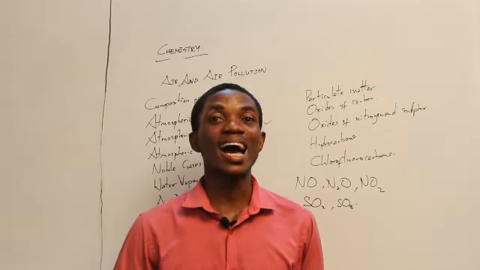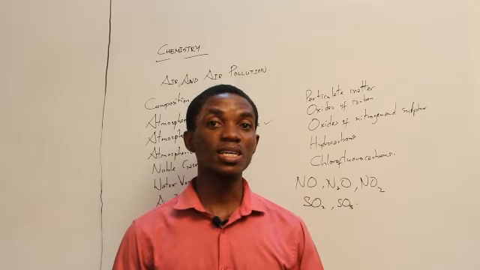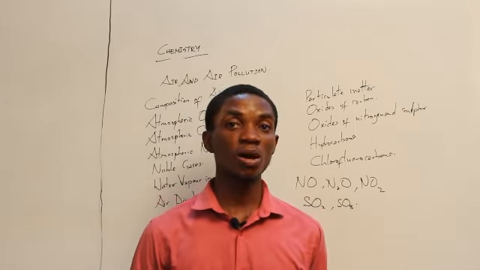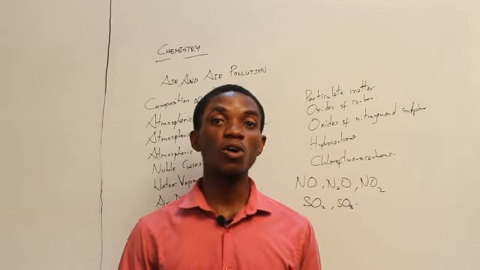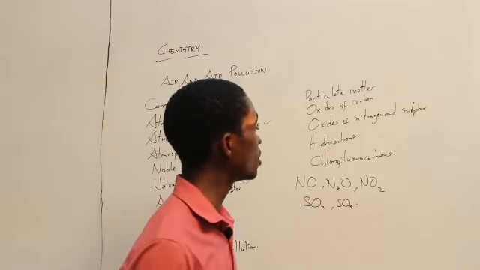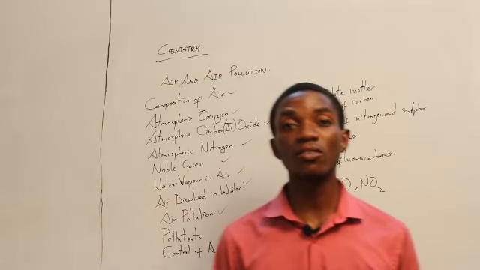They are the ones that initiate what is known as global warming. They cause a rise in temperature all over. So these are the major air pollutants. We also have other substances.